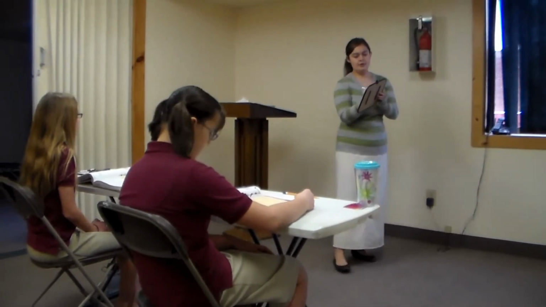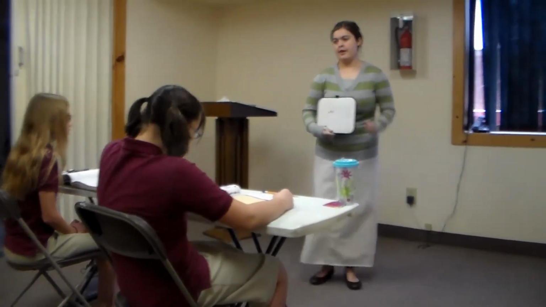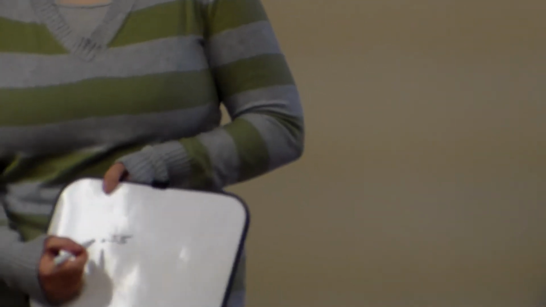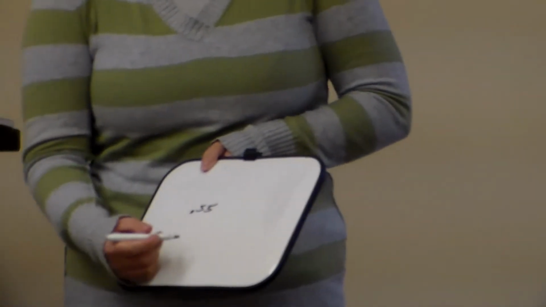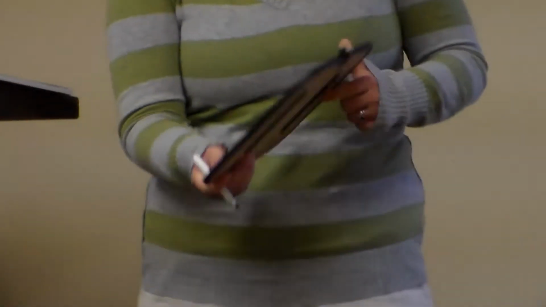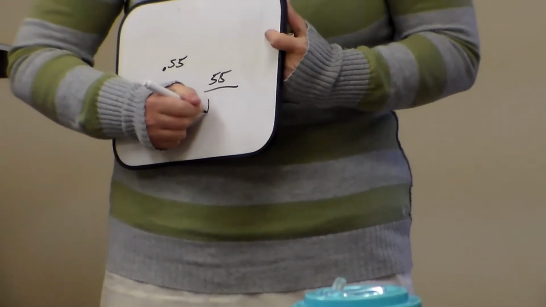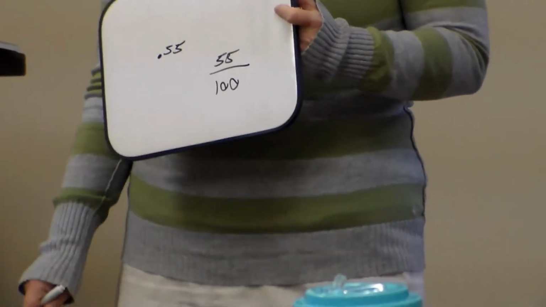We have 0.55 or 55 hundredths. So how many places are there? You can answer out loud. There's 2, that's right. So my denominator, here's my 55. How many zeros do I put? 2. That's right, so I have 55 over 100.